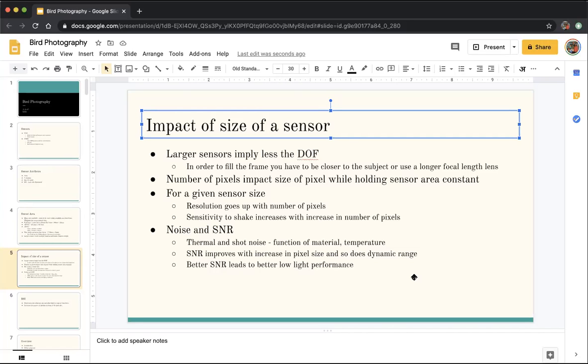With cell phone sensors, for instance, your depth of field is typically much better than with a full frame. You can't get a very shallow depth of field with a cell phone camera. Those sensors are relatively small.